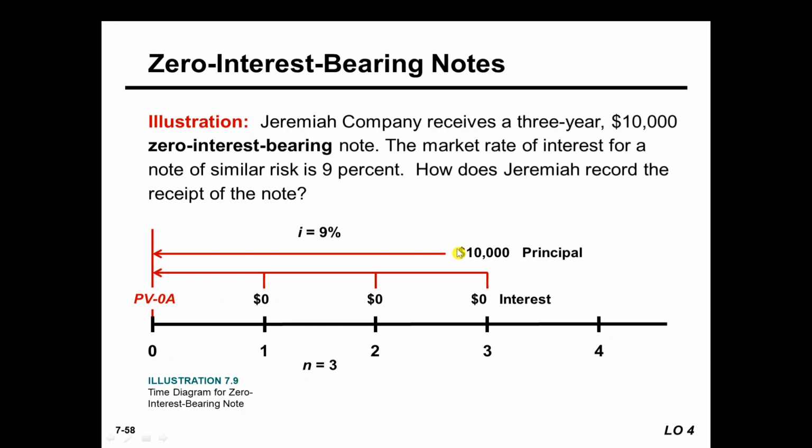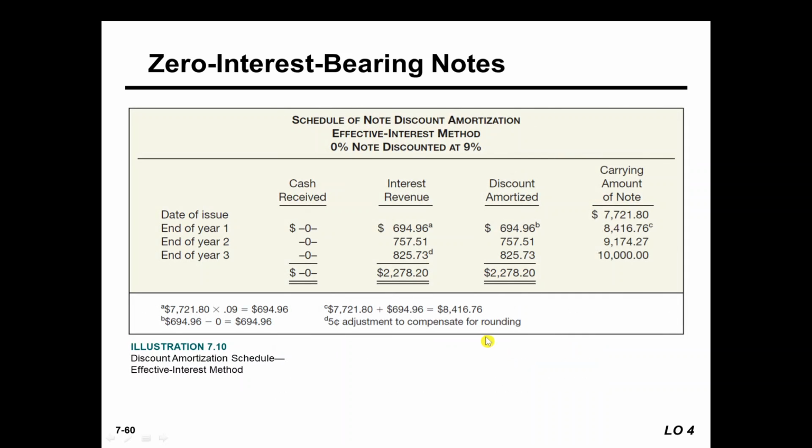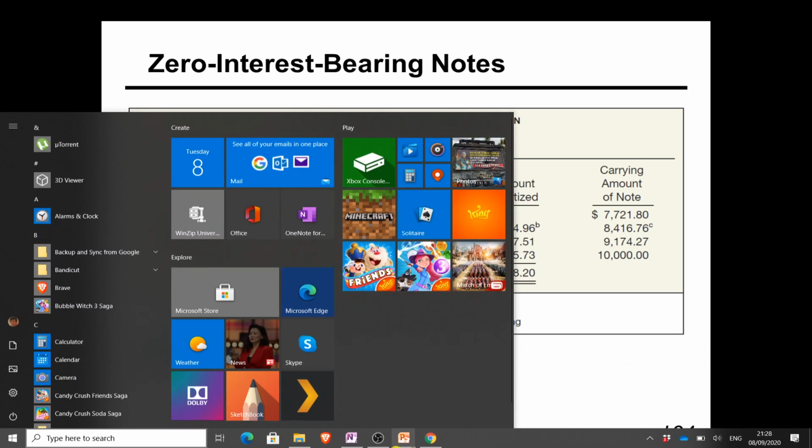So the interest is included in the amount of the principal. So we only have the present value of the principal, and we record the carrying amount of the note at the date of the issue.